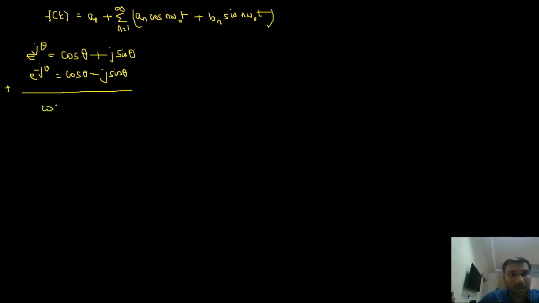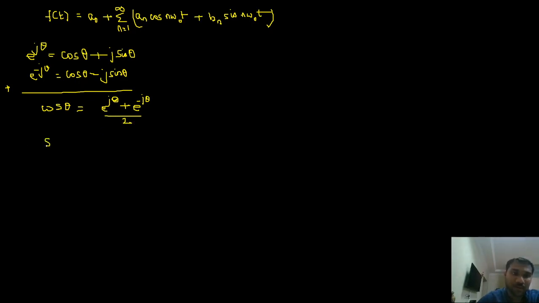I'll get cos theta is equal to (e^(jθ) + e^(-jθ))/2.